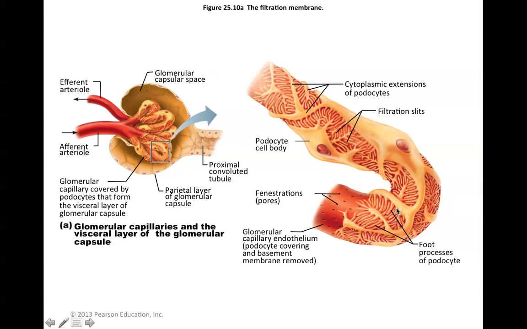And if you have high blood pressure pushing on these foot processes over a long period of time, it could actually start to break them down. And all of a sudden you have separations of these slits, and you have structures leaving the blood that shouldn't be. For example, proteins. If you have proteinuria, or proteins present in your urine, there's a possibility that it could be traced back to damaged podocytes.